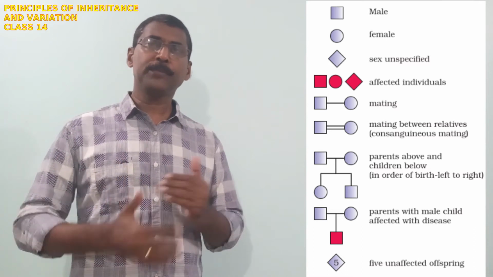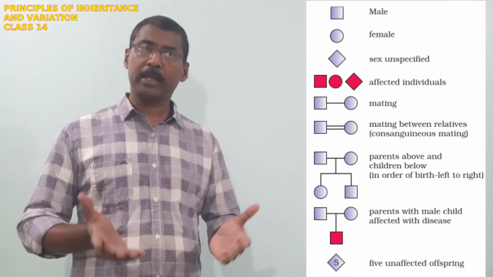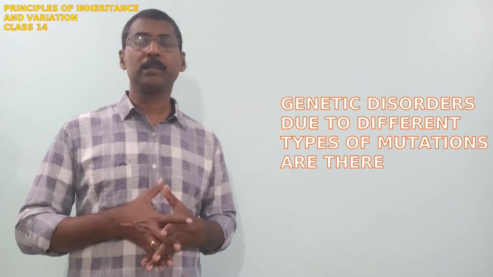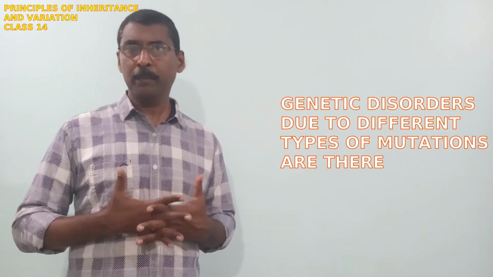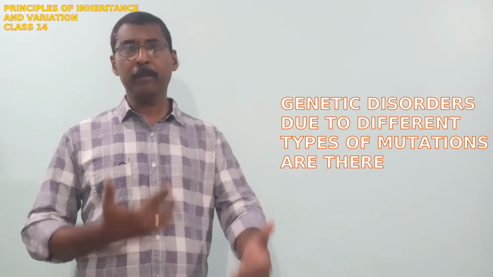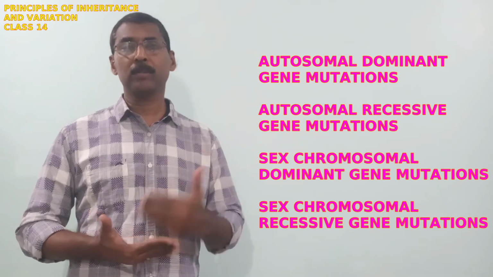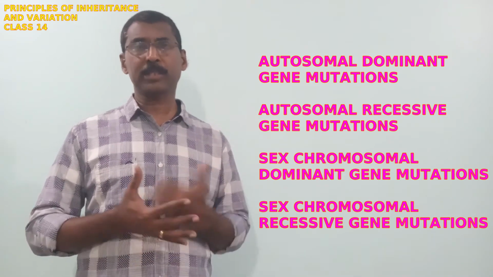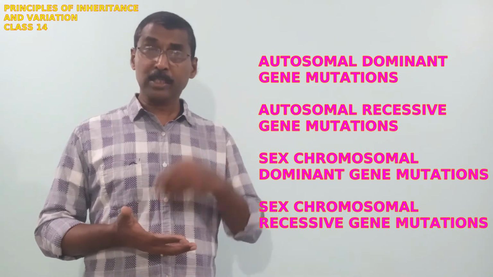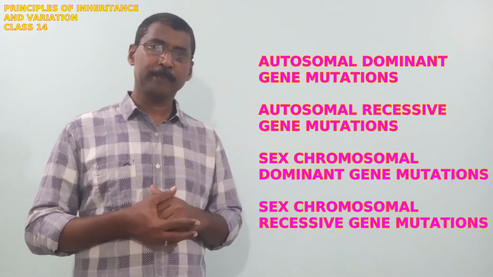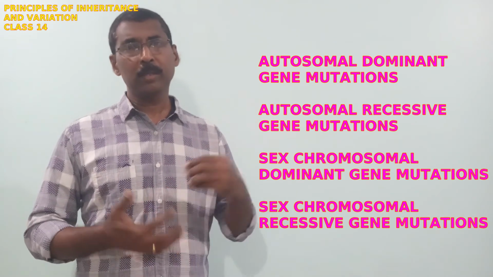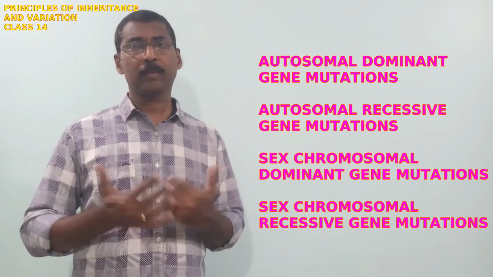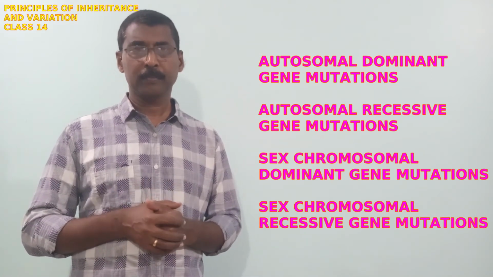Different types of genetic disorders can be analyzed by this method. Of course, genetic disorders are of different types. It can be due to an autosomal dominant mutation, an autosomal recessive mutation, a sex chromosomal recessive mutation, or a sex chromosomal dominant mutation, whatever it may be.